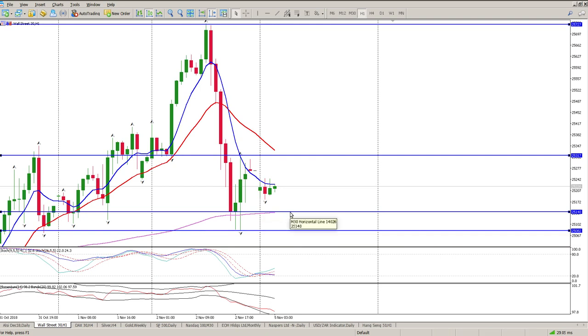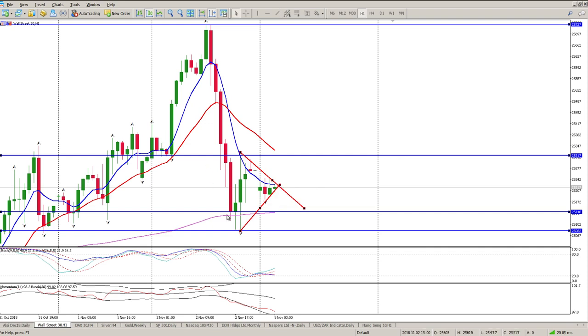25,140 is an area to watch to get in long, and this could very well be setting up as a potential double bottom, or alternatively a triangle consolidation.